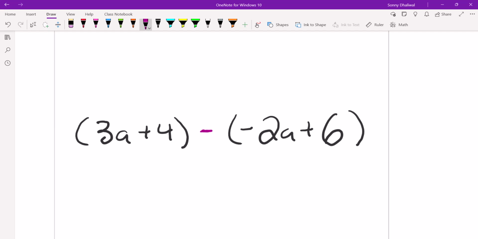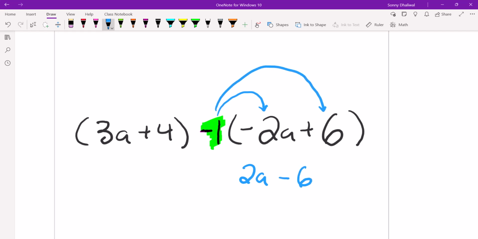This is actually a minus 1 sitting in front of this bracket. And that minus 1 multiplies everything inside this bracket. So that's negative 1 times that. It'll be 2a, positive 2a. Negative 1 times this will be negative 6. It became the opposite.